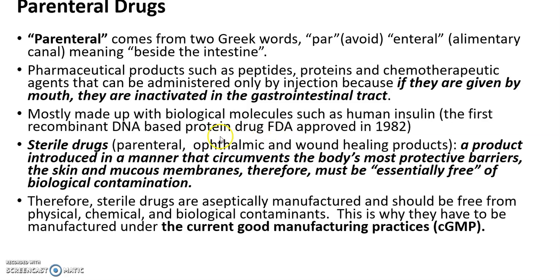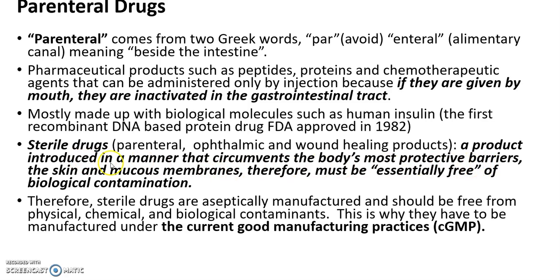Since those drugs are given through injection, they have to be really clean, free of contamination. That's part of the requirements. So those should be sterile drugs. Sterile means free of any contaminants, right? So products should be introduced in a manner that circumvents the body's most protective barriers. Your epidermis is the most protective barrier, and the digestive system is also a protective barrier.